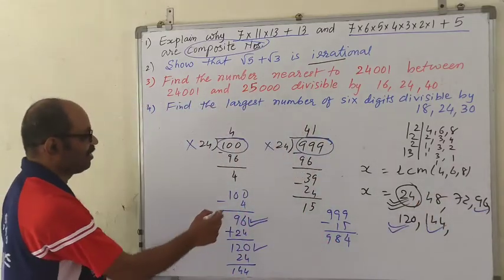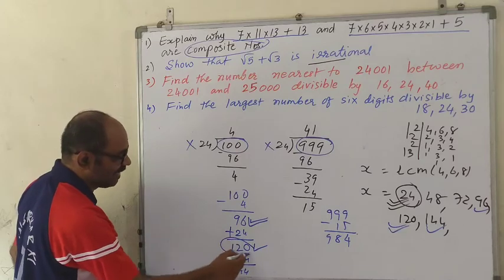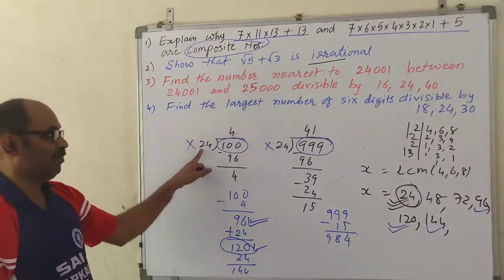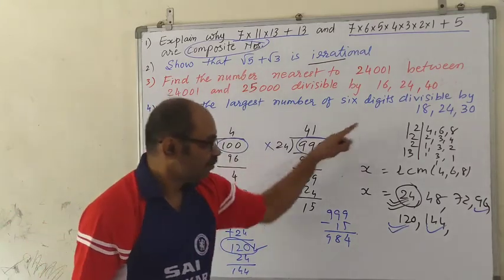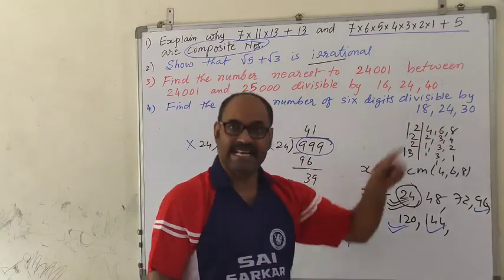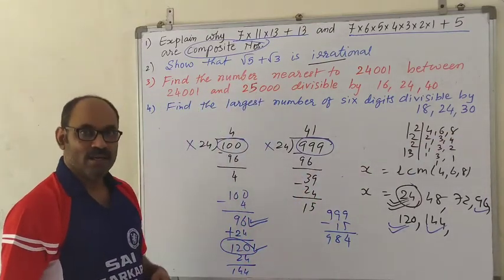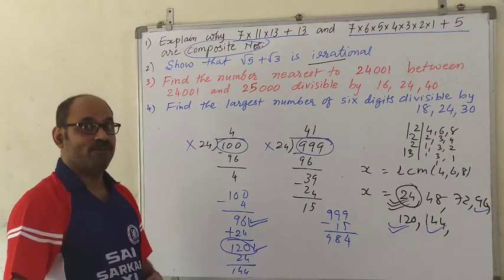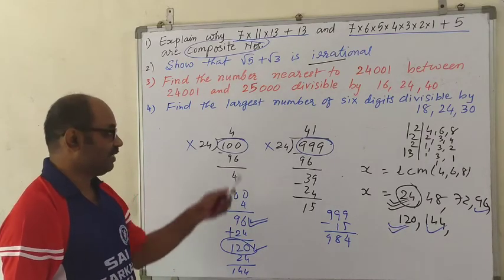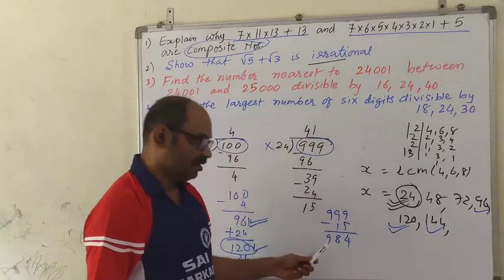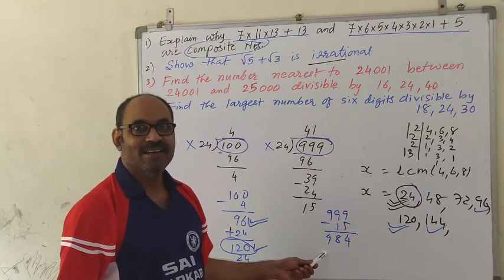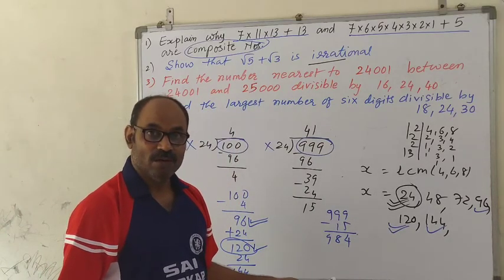So now tell me, which is the smallest 3-digit number which is exactly divisible by 4, 6 and 8? That is 120. Which is the largest 3-digit number which is exactly divisible by 4, 6 and 8? That will be 984.